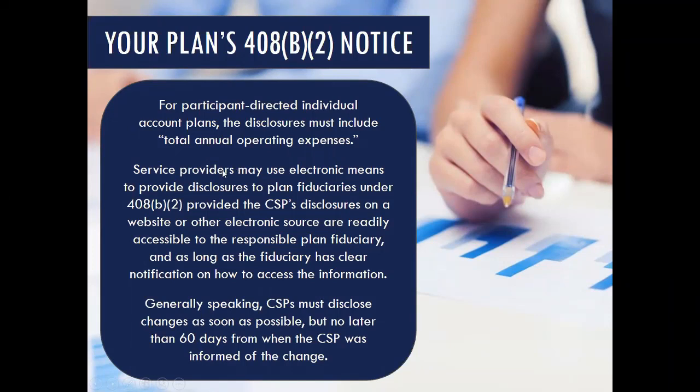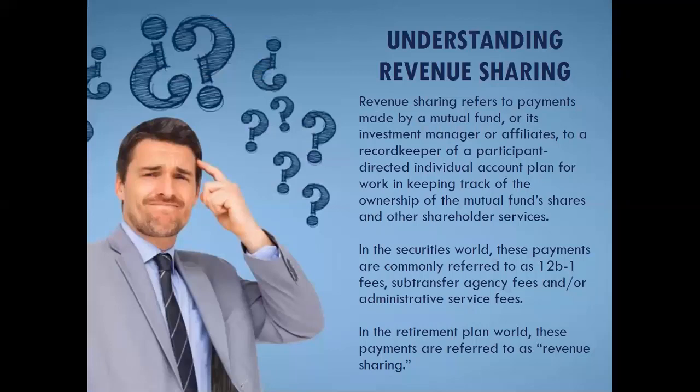And if the service provider uses electronic means to disclose all this and make it readily available to the fiduciary and plan sponsor, and if you make all of the fee data at a participant level available to the participants, you are going to be going miles toward your own compliance with what the Department of Labor wants you to do as a plan sponsor and fiduciary.